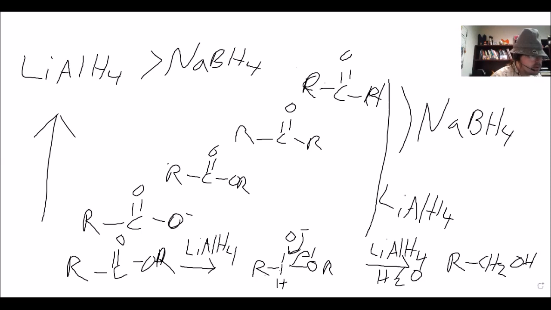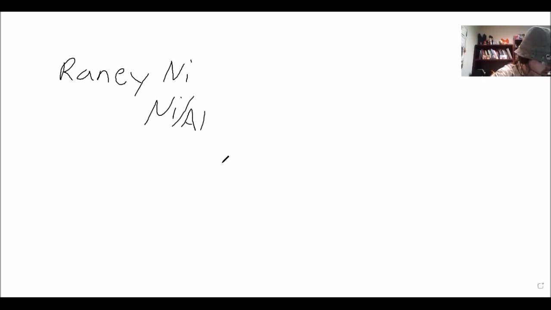There's a few other things I'll go through, like I think one more example, and then we'll be done. And that is hydrogenation with a Raney nickel. Raney, R-A-N-E-Y, nickel catalyst. It's a special type of nickel aluminum alloy that has been treated with hydroxide.